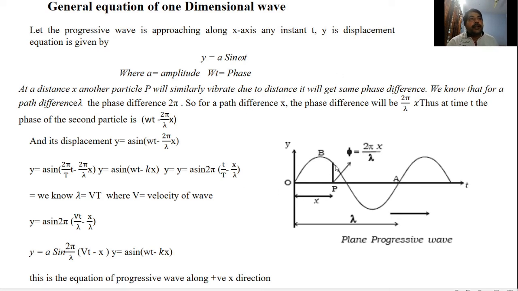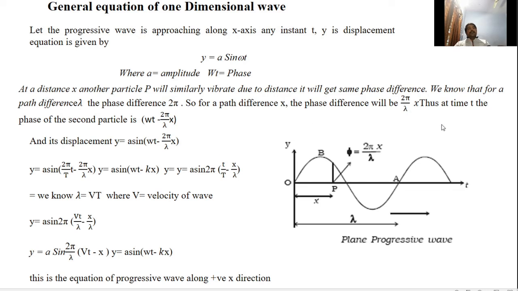Now let us consider another particle P, which is at a distance x from O. We know that for path difference λ, the phase difference is 2π. So for path difference x between the two particles, the phase difference will be 2π/λ times x. That is the relation between path difference and phase difference: phase difference = 2π/λ × path difference.